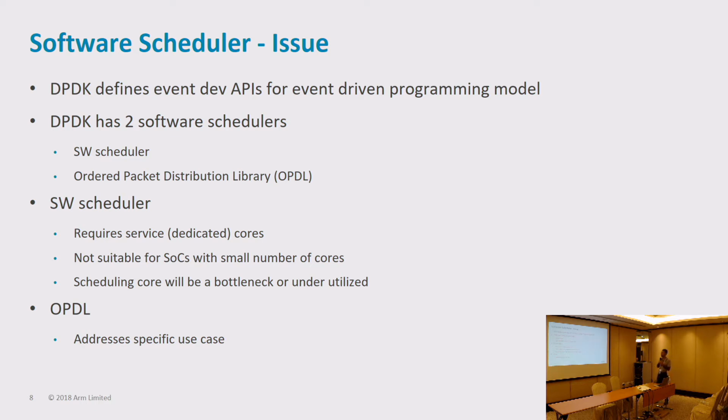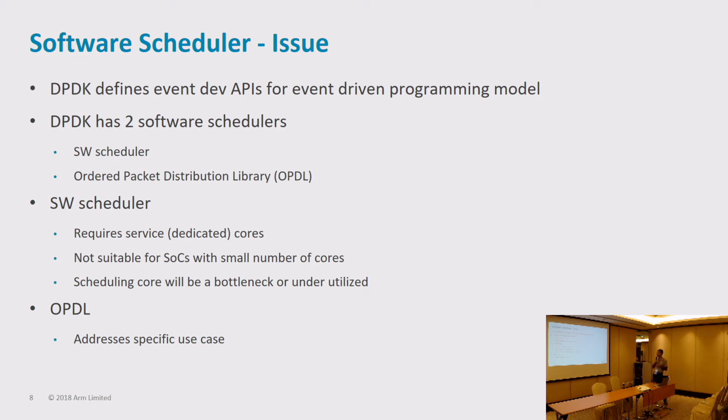The first problem is it's not suitable for SoCs with a small number of cores. If our partners have SoCs with 4, 8 cores, and you end up dedicating one CPU for just doing scheduling, then you are left with less capacity for actual packet processing. So that's one issue I see.